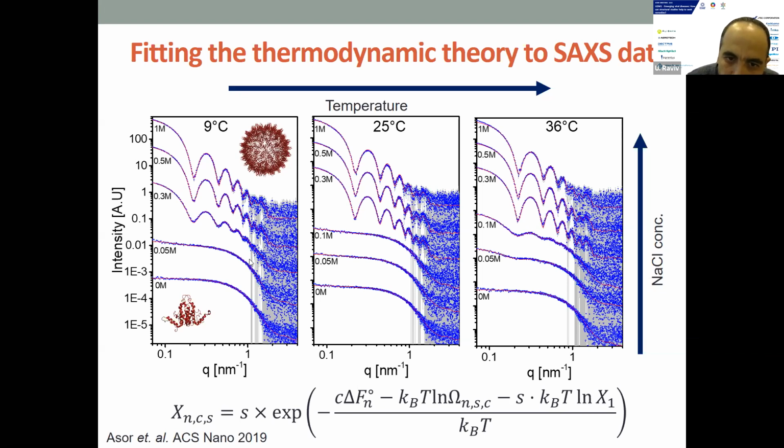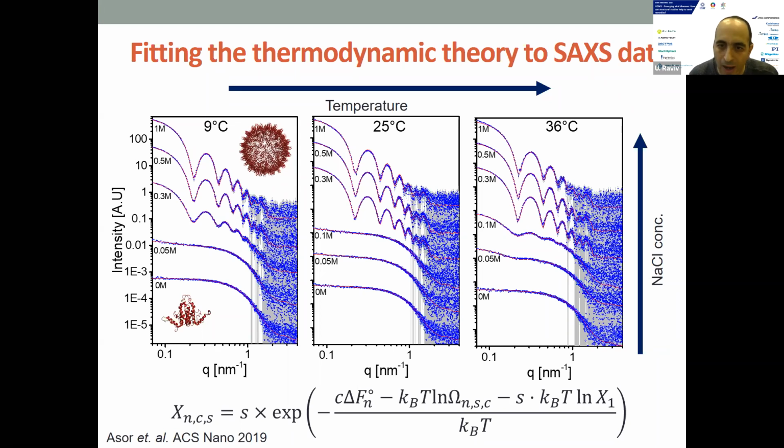And this is what explains all of these data. So all of these data were based on fitting only the standard free energy of association between the dimers. And by doing this, we could explain the entire phase diagram of temperature as a function of salt. All of these were modeled very nicely using this thermodynamic basis.